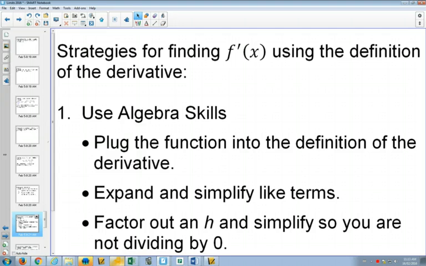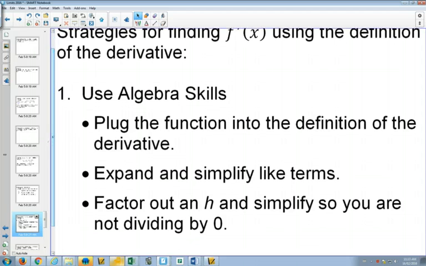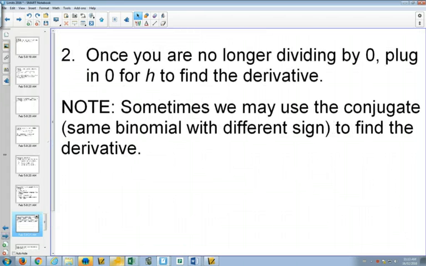We're going to expand, simplify like terms. Sometimes we're going to have to multiply by the conjugate. Eventually, we're going to factor out an h value so we can simplify it. And then we're no longer dividing by 0. And once you're no longer dividing by 0, well, then you can evaluate your limit by plugging in 0 for h.